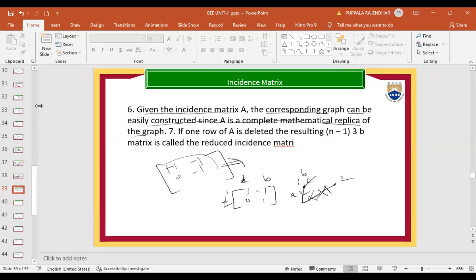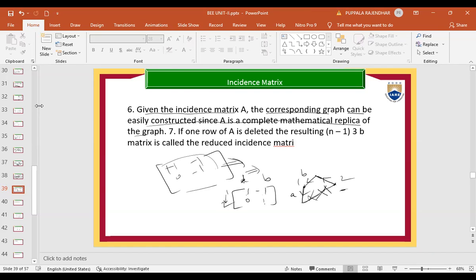Node 2 to branch B: branch B is connected to node 2, and it is +1, away from the node. So in this way, if you are given any instance matrix, we can formulate a graph.